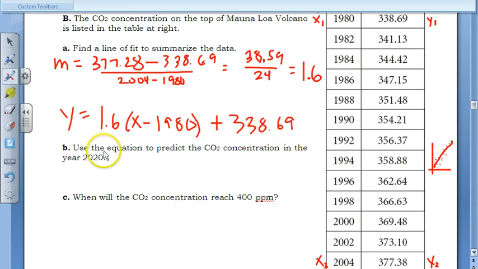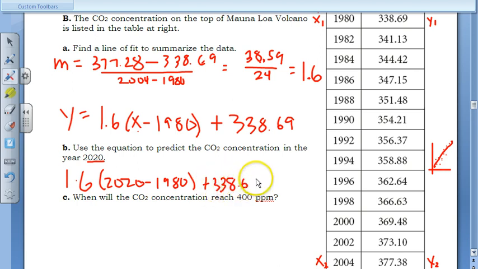Letter B says, use the equation to predict the CO2 concentration in the year 2020. 2020 is a year, that's an x value, so I just want to sub 2020 into the x of the equation. 1.6 times (2020 minus 1980) plus 33869, and I can just type that in the calculator. 1.6 times (2020 minus 1980) plus 33869 is 402.69.